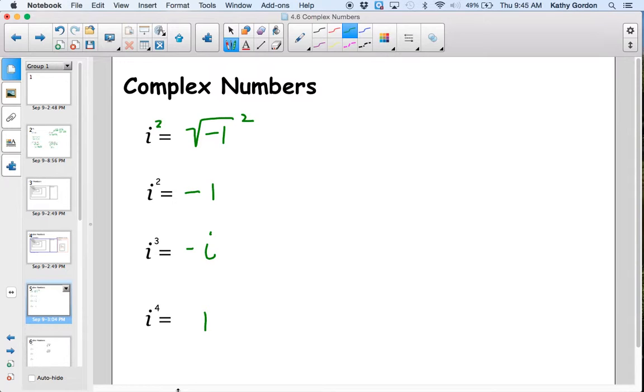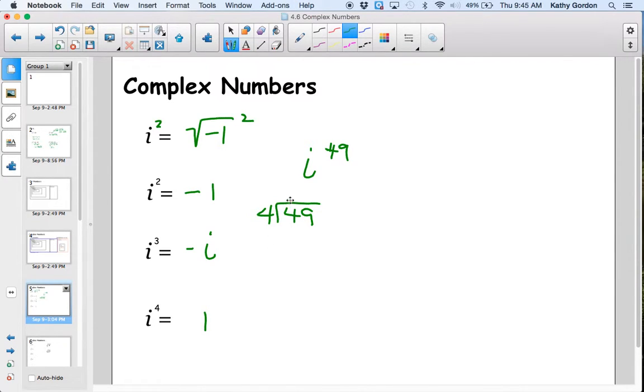So if I ask you something like, what is i to the 49th power? I don't know. It's actually really easy. Take your 49, divide it by 4, because that's how many terms we have here in this cycle that keeps repeating itself. So divide it by 4 and see how many times we go through the cycle.